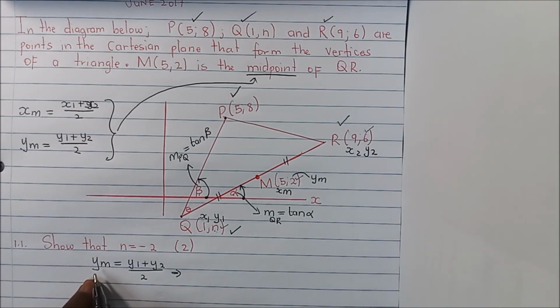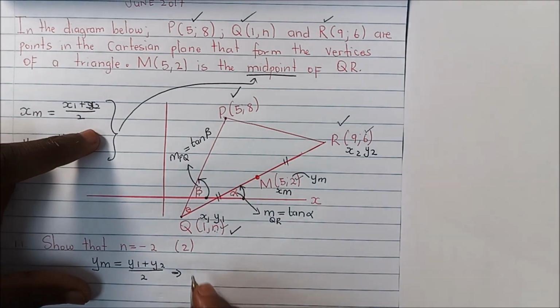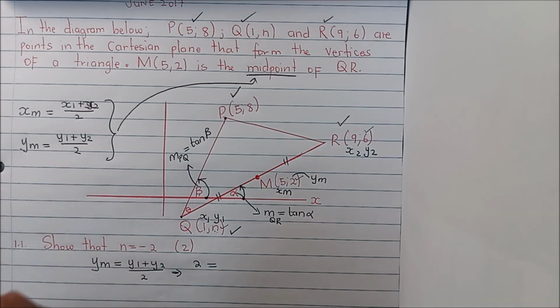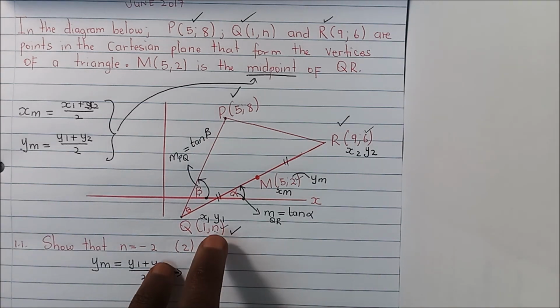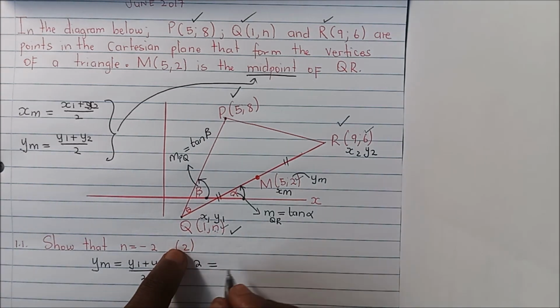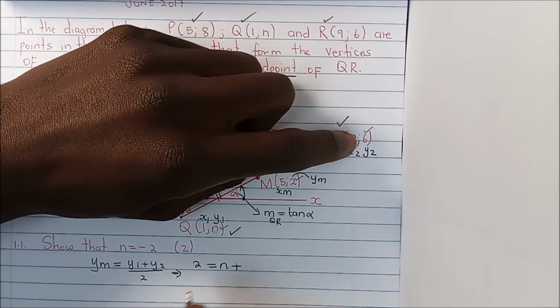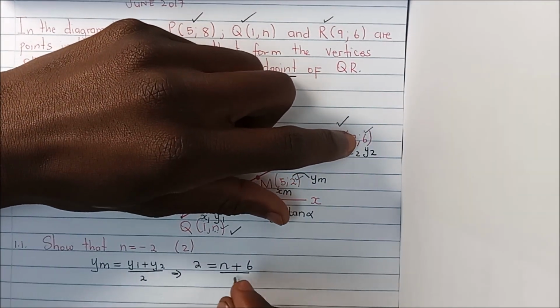The y value of the midpoint. That's 2. So 2 equals, then what is your y1? Naming helps when it comes to substitutions. Because we have named, we just substitute things. So what is our y1? That is n, plus what is our y2? That is 6, all over 2.